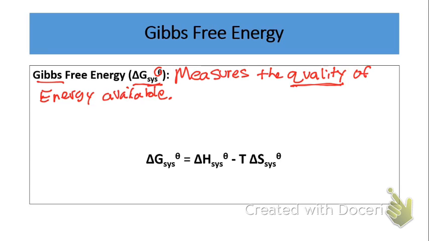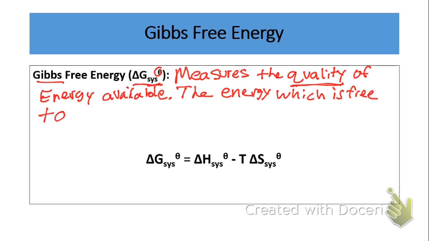Because it is this energy, Gibbs free energy, that we're looking at, energy which is free to do useful work. All right, and that's the key, useful work. Good quality energy can be used for work purposes.